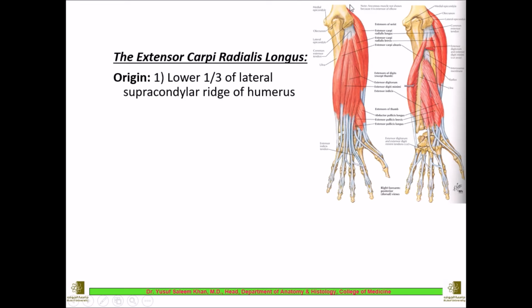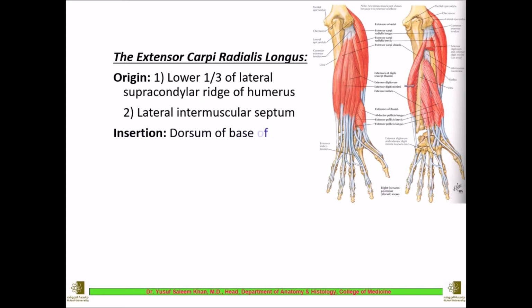In the upper two-thirds, we have seen that it is for the origin of the brachioradialis, and the lower one-third is mainly for the extensor carpi radialis longus. This also takes origin, some fibers especially, from the lateral intermuscular septum.